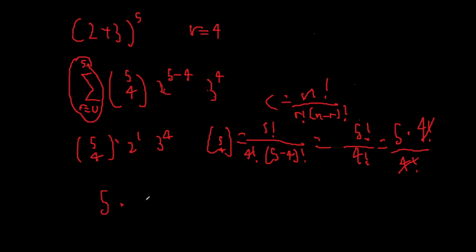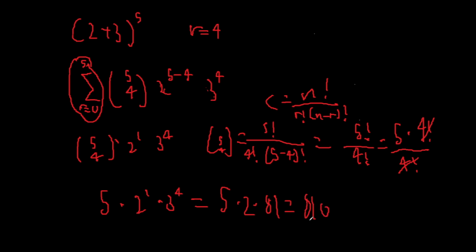5 times 2 to the 1 times 3 to the 4. And like I said before, 3 to the 4 is 81. So what you really have is 5 times 2 times 81. And if we put that into a calculator, we're gonna get the answer to be 810.